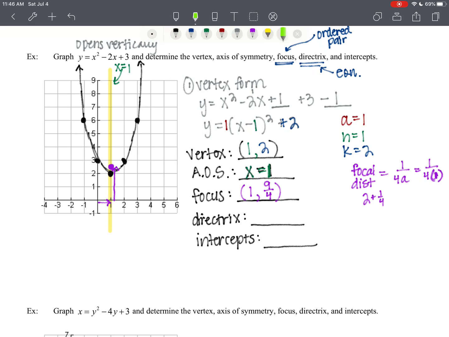Our directrix is going to be 1/4 of a unit below that vertex. So that's going to be a horizontal line, so it's y equals 1 3/4.